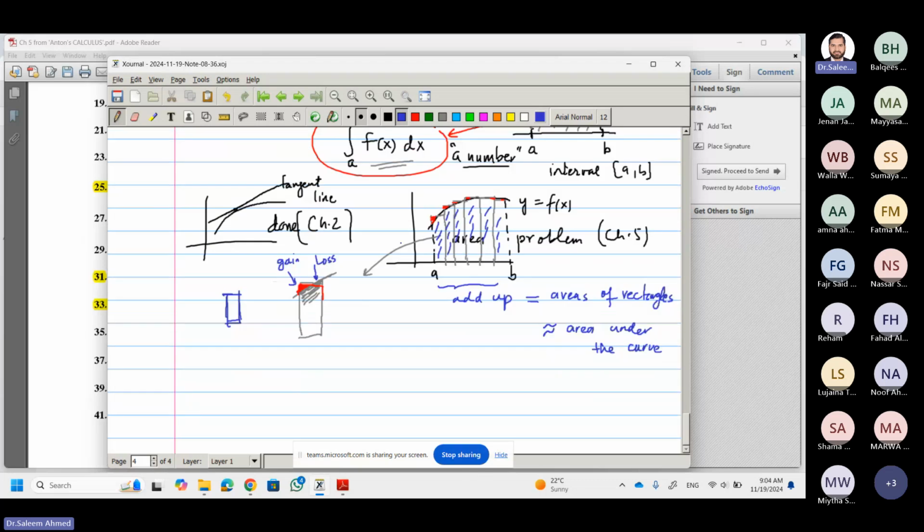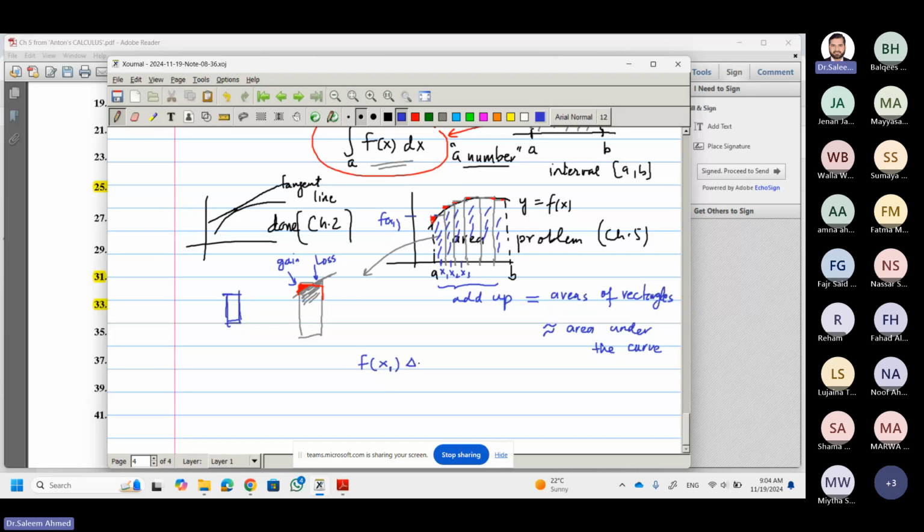So what they say is if you pick any point here, let's say x1, x2, x3 in each interval, then the height of the rectangle is f of x1, f of x2, f of x3, and so on. So the area of the first rectangle will be the height of the rectangle times the width of the rectangle.